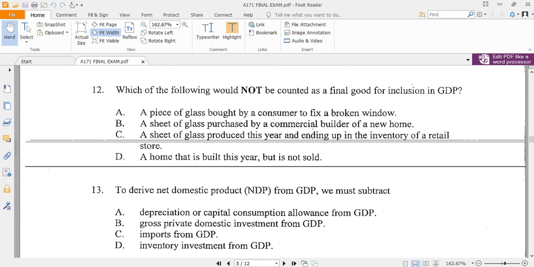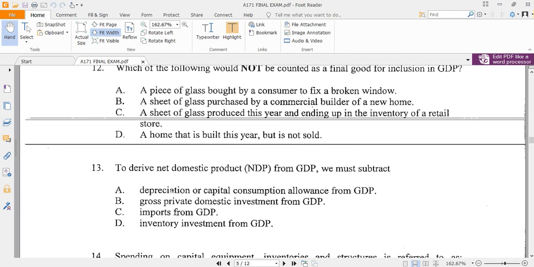Then question 13: to derive NDP, net domestic product, from GDP, we must subtract what? Again, for NDP or net domestic product, go to the slides or your notes, from the book or whichever material. You can just Google this term. What do you need to subtract from GDP to get NDP?